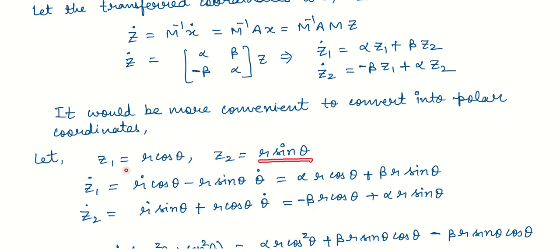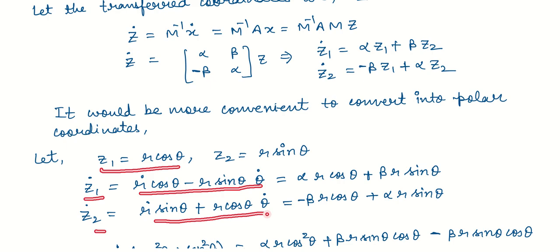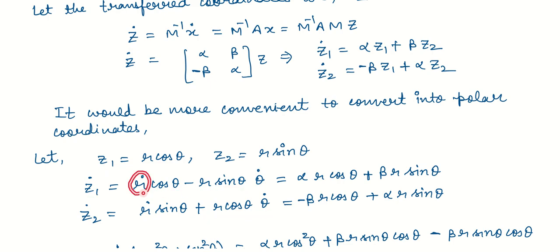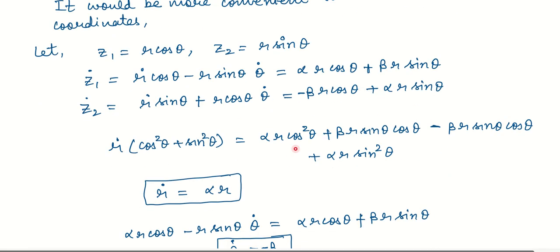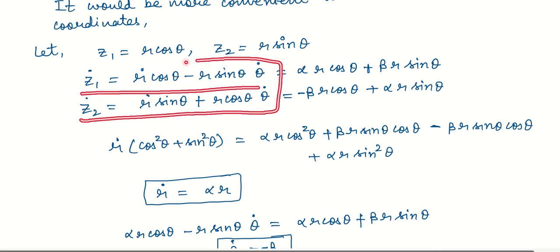Now just differentiate it. You will get Z1 dot is equal to this and Z2 dot is equal to this. R dot we don't have yet, we have this up to here only.